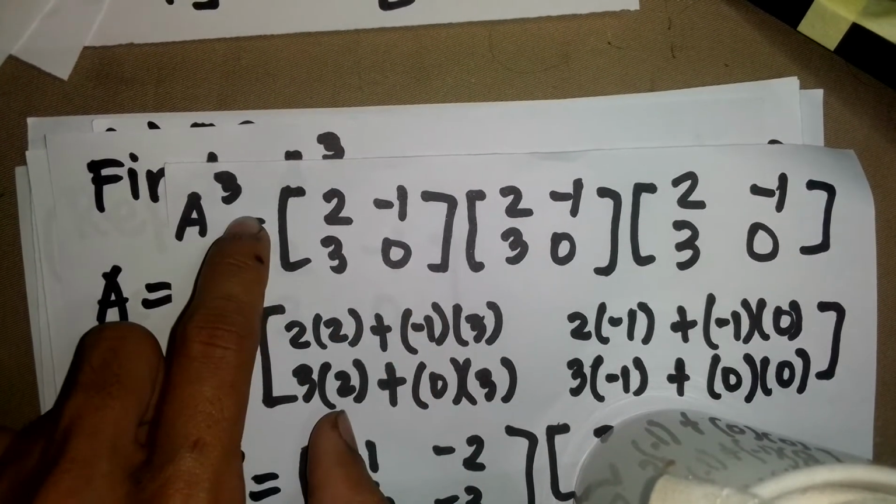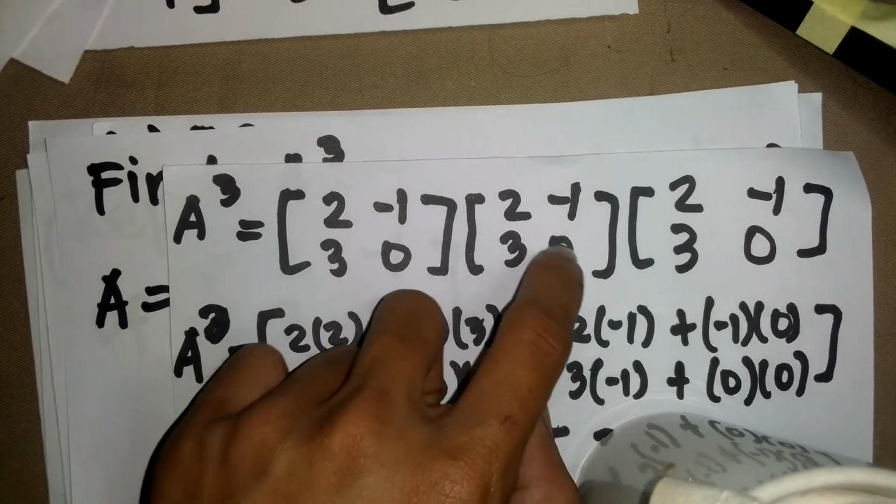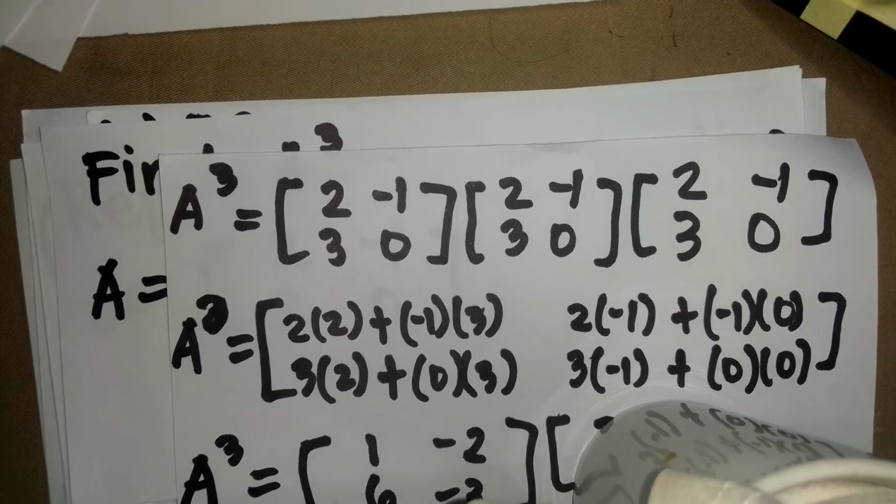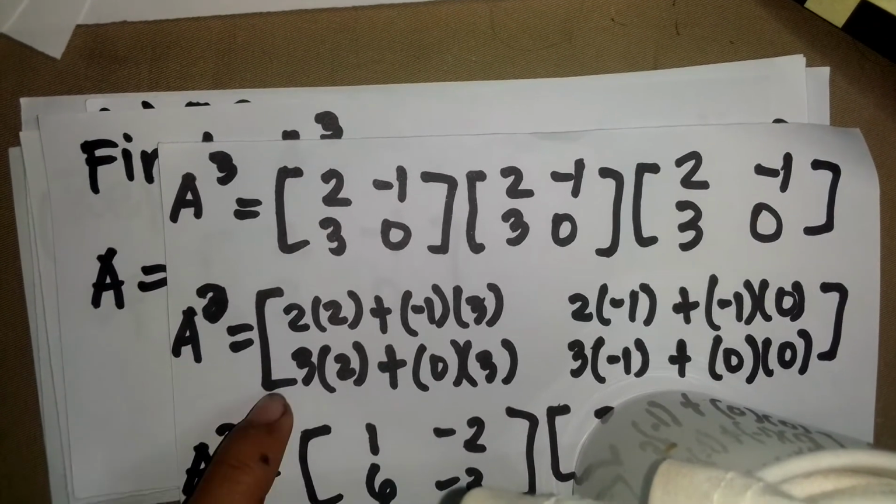Since this is a cube, we multiply A 3 times to itself.